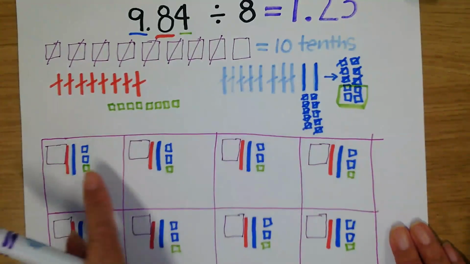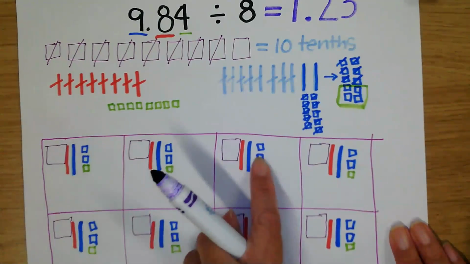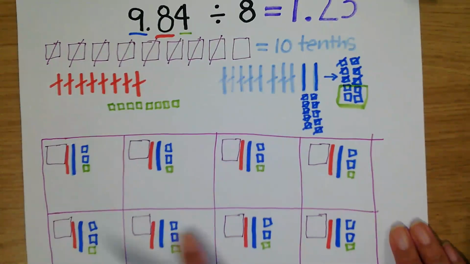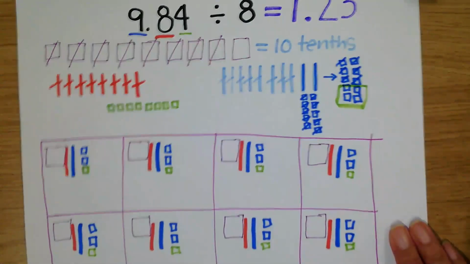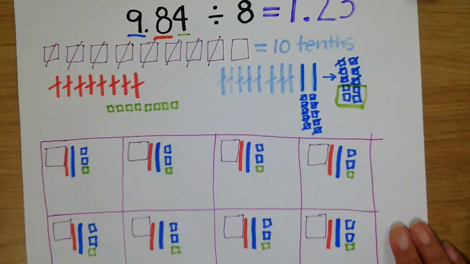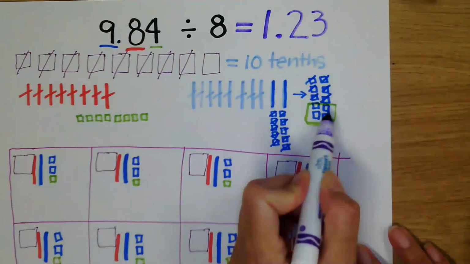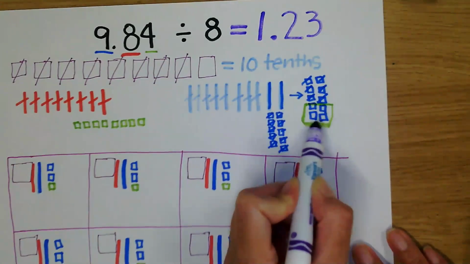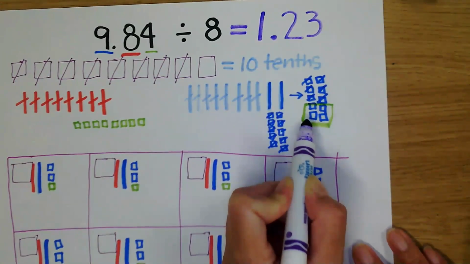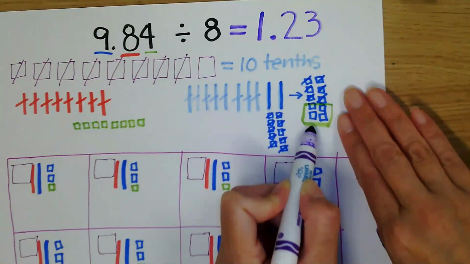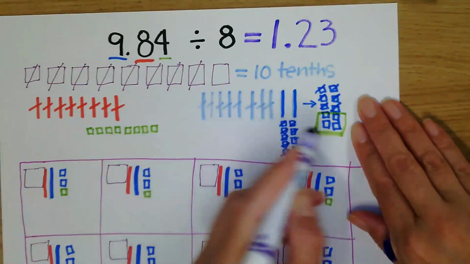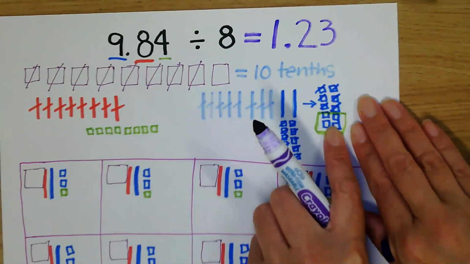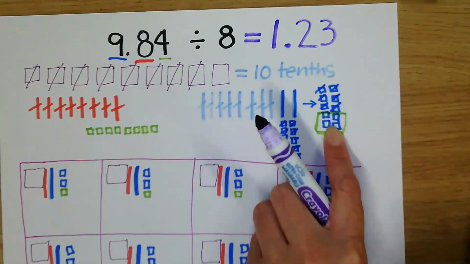We gave 2 hundredths to each group. At the end, we noticed that we had 4 hundredths remaining. We kept them there because we couldn't do anything else with them at this point.